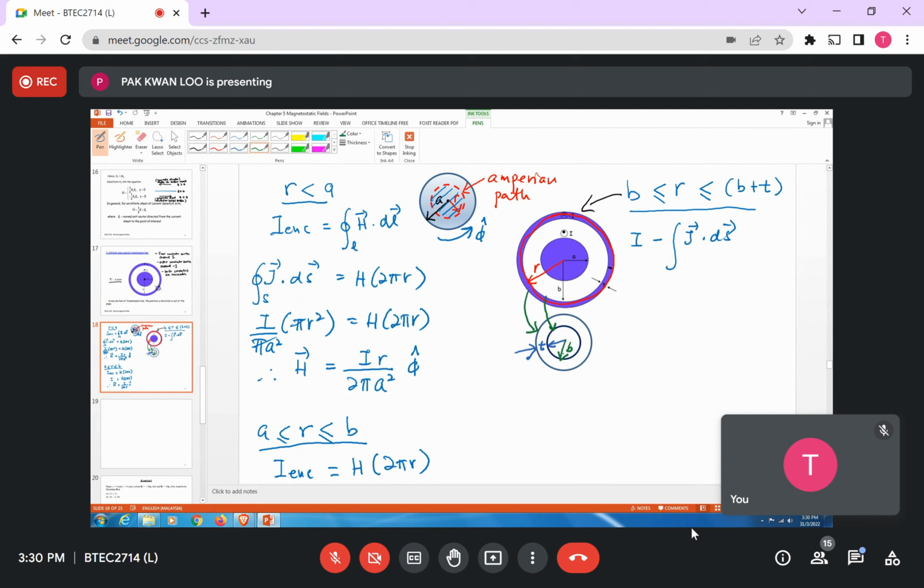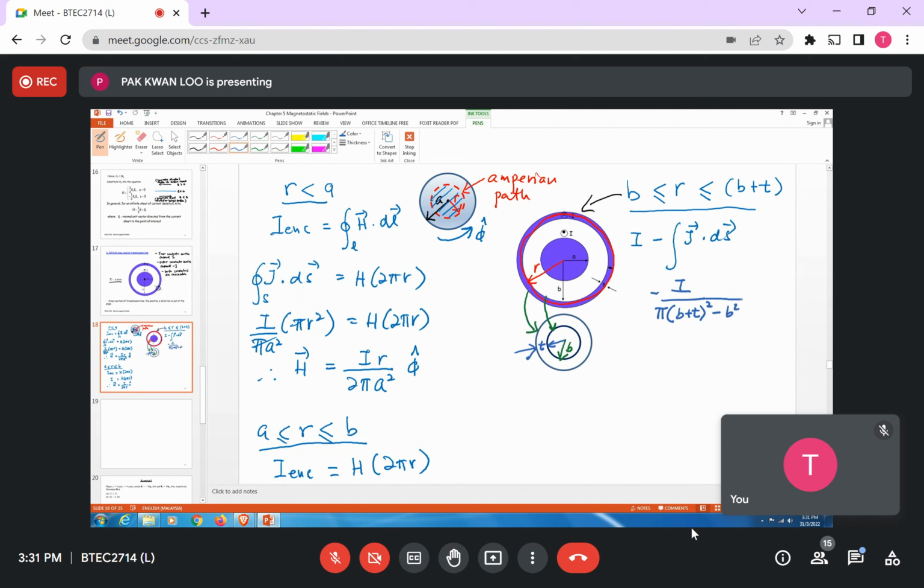So the outer one is B, and if my Ampere's path lies in this region, I can write this as negative. The negative sign is due to the current direction, negative I over pi (B plus T) whole thing squared minus B squared.